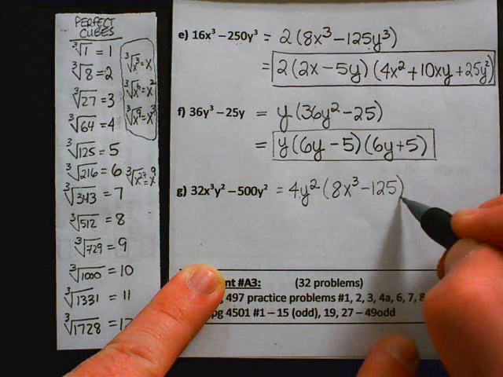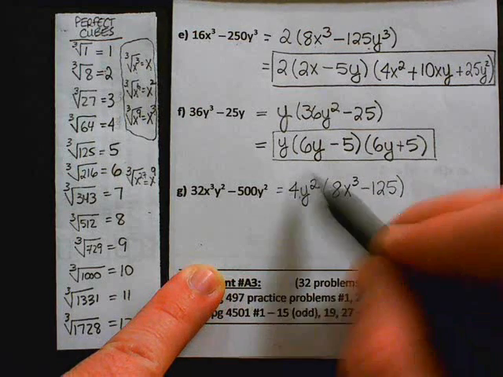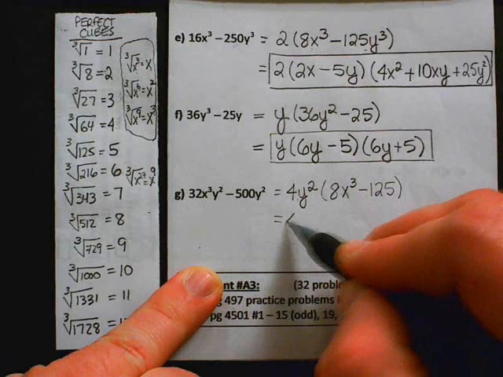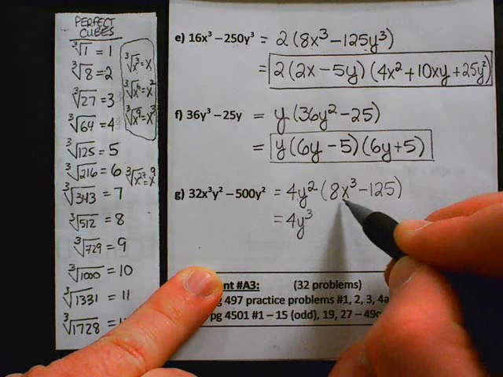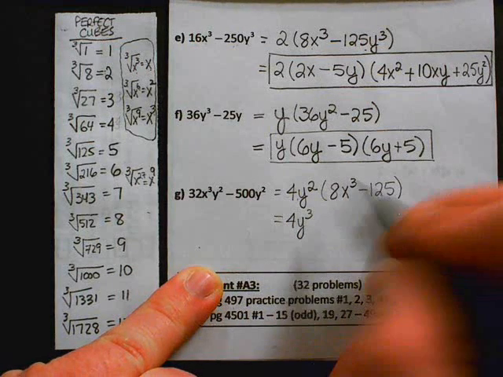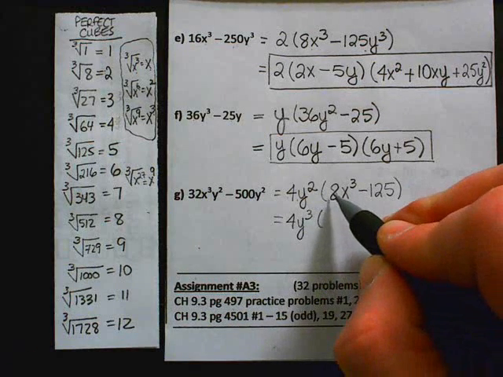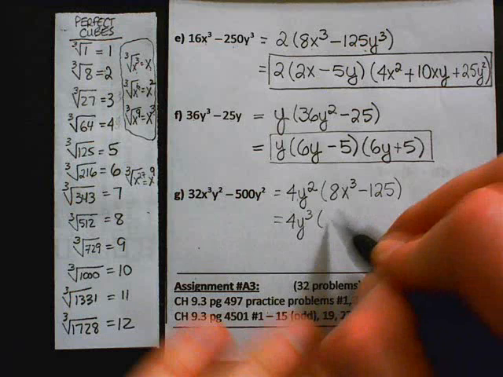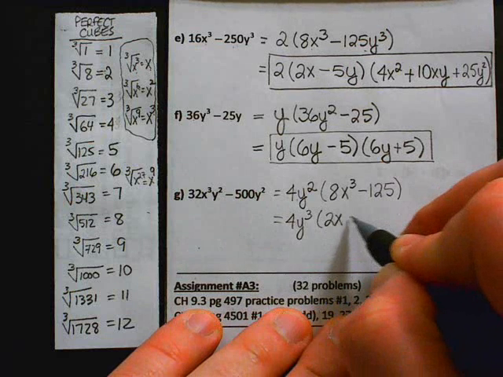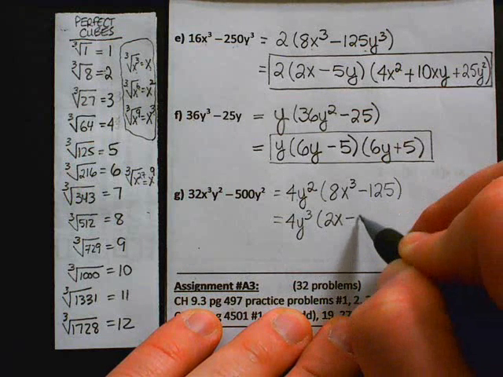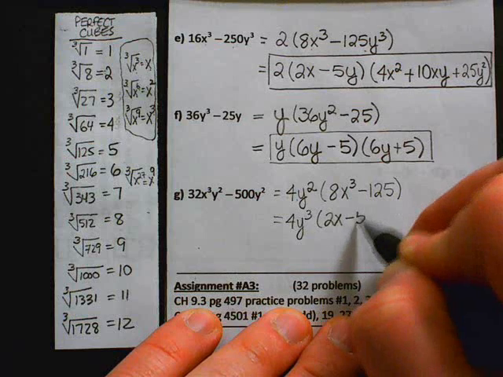And y squared would also cancel. So now I have the 4y squared on the outside, and here I have perfect cubes, which now I can apply the rule that we learned. The cube root of 8x cubed is 2x, minus the cube root of 125 is 5.